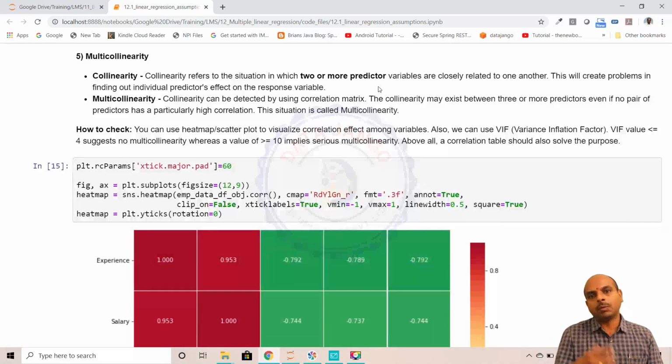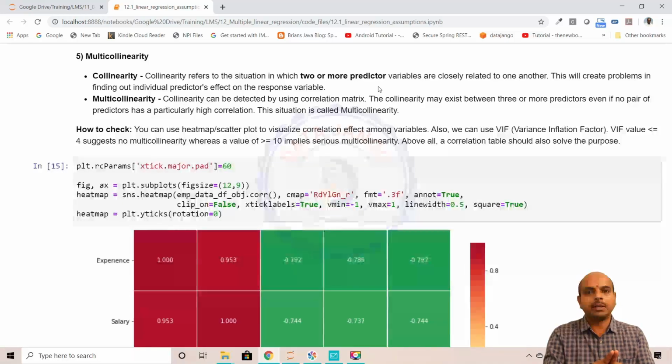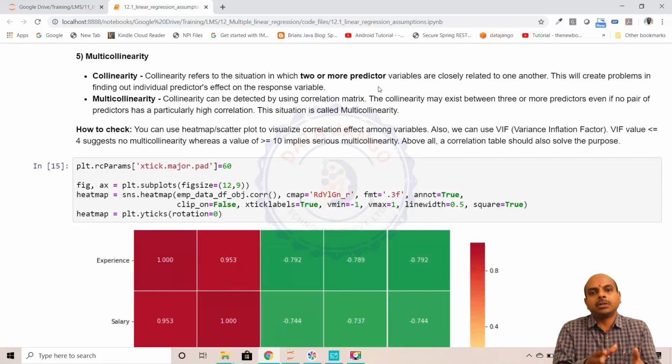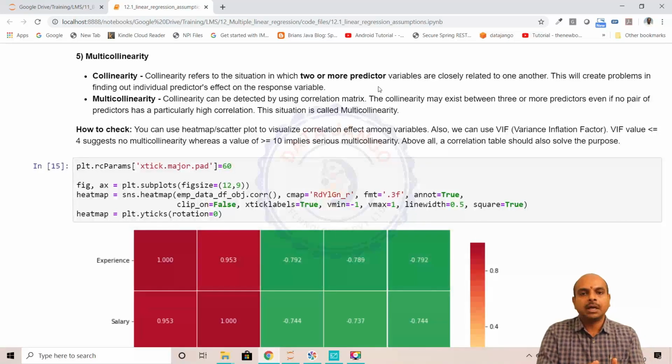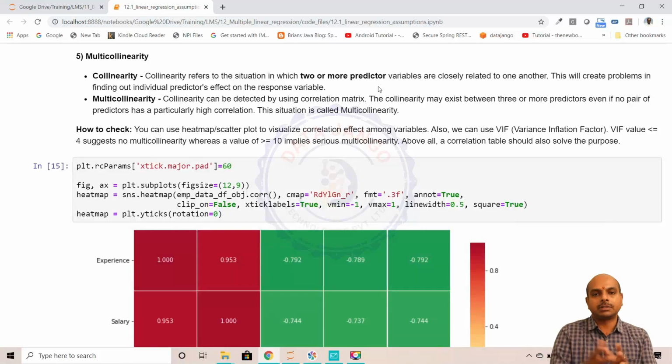One more thing is that in some algorithms like linear regression, if you have two strongly correlated variables, with a correlation of one, it will have the problem of the dummy variable trap. When two strongly correlated variables are there and the algorithm is trying to do some matrix manipulation, it will not be able to find the inverse.